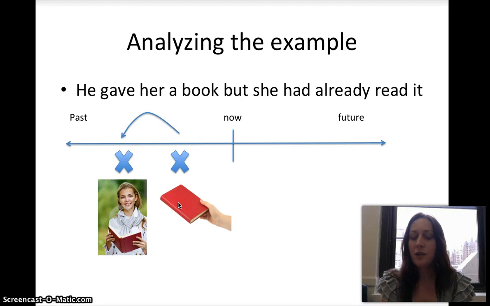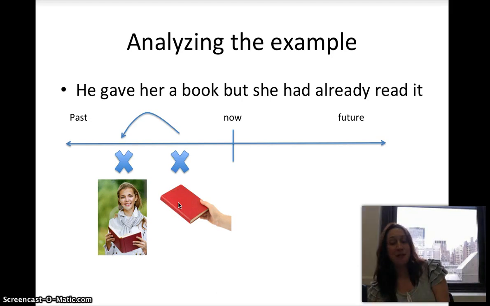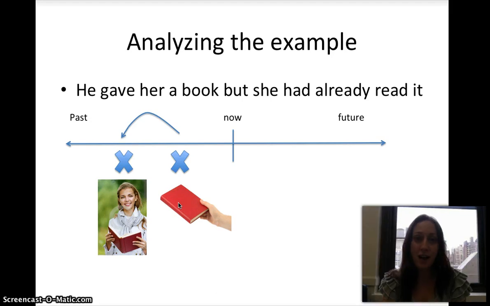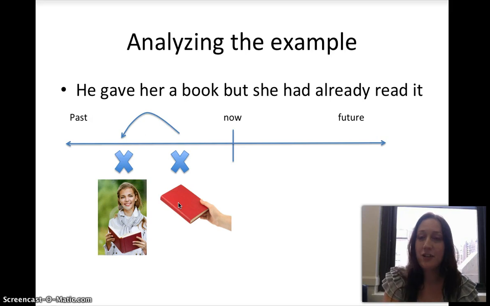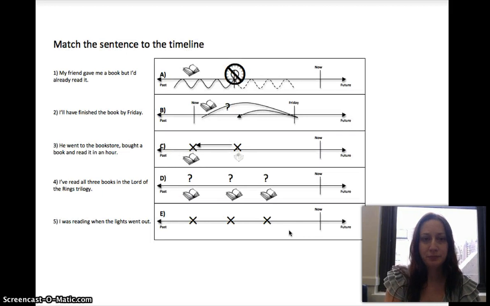Okay, so let's look at some more examples. I've got 5 timelines for you on the right of the next slide, and 5 example sentences. And what I'd like you to do is to match the example sentence on the left with the timeline on the right. Okay, the first one we'll do together. It should be quite easy because it's really similar to this example.